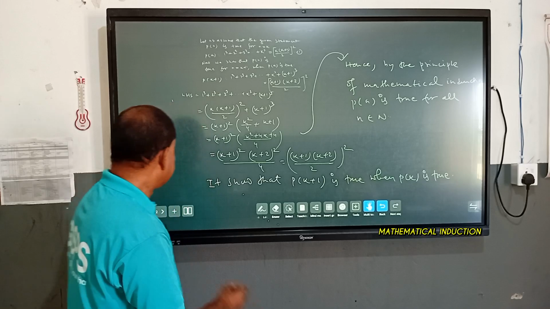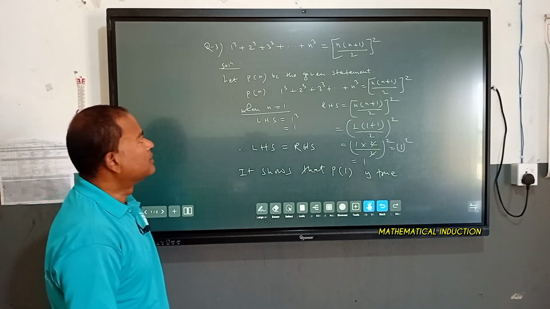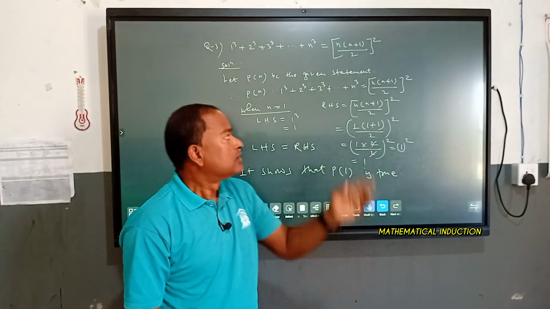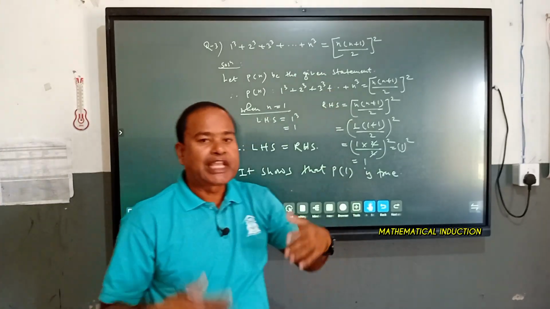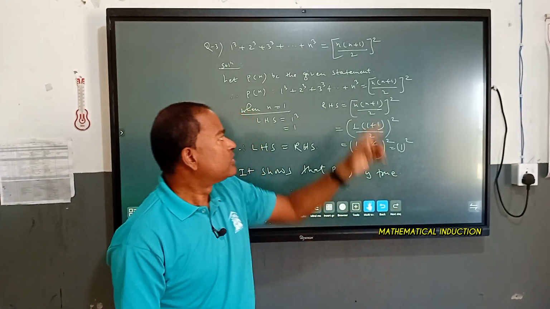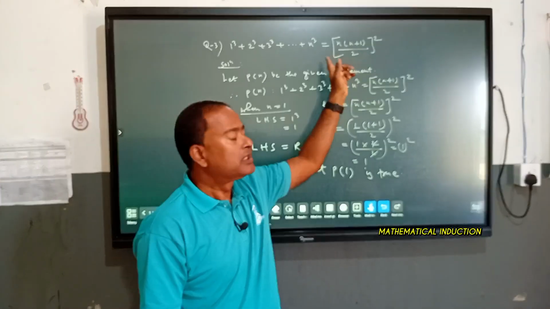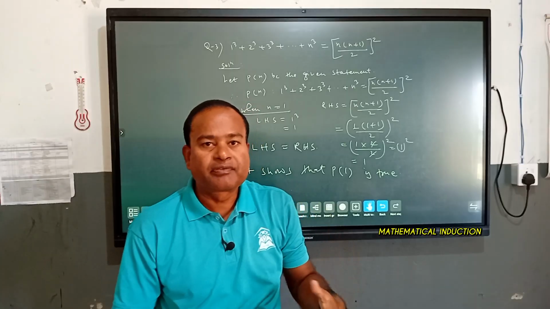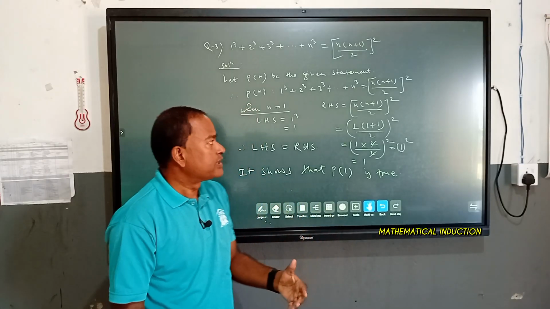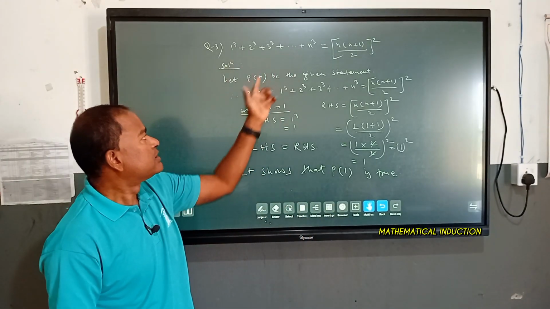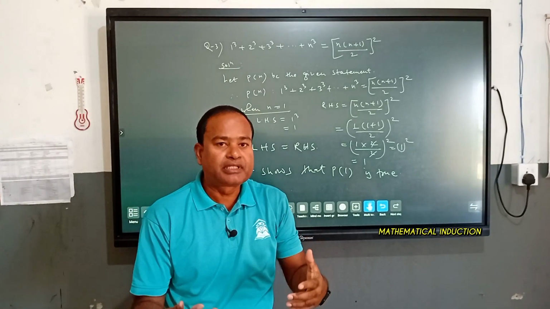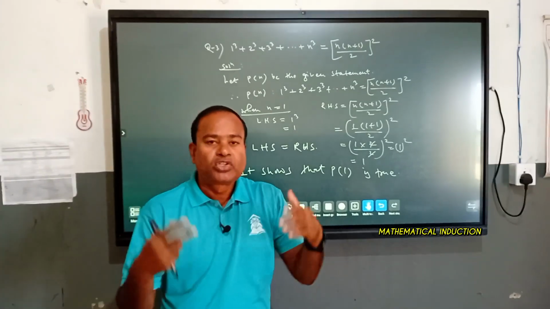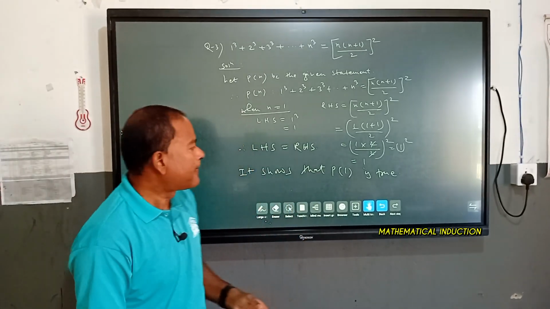So dear students, we have proved that the sum of the cubes of the first n natural numbers is equal to [n(n+1)/2] whole square by using the principle of mathematical induction. At first we supposed the given statement as P(n), then we showed that the given statement is true for n = 1.